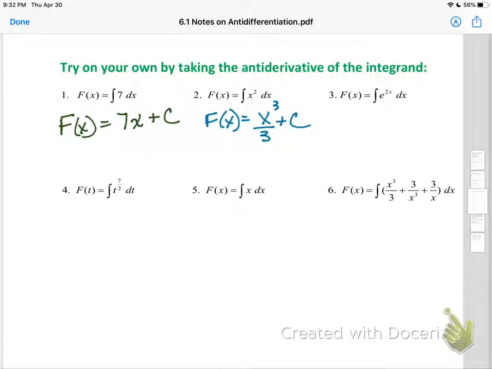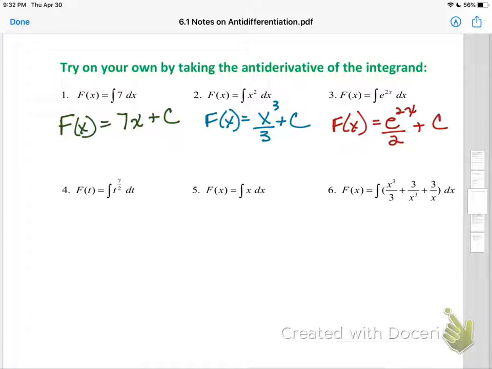Okay, here's e. So think about what the e rules are. I'm going to write what I see, and instead of multiplying by 2, I'm going to divide by 2, and I'm going to add the constant of integration. Now with each of these, if I take the derivative of the capital F of x function, I will get back my integrand. All right, let's keep going.